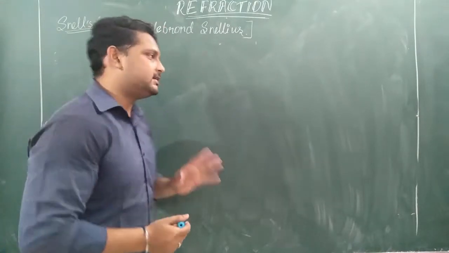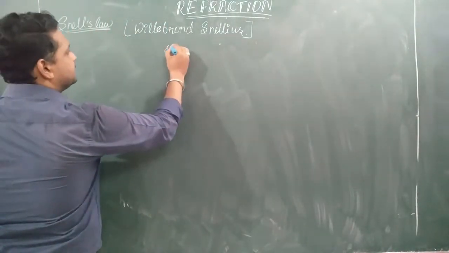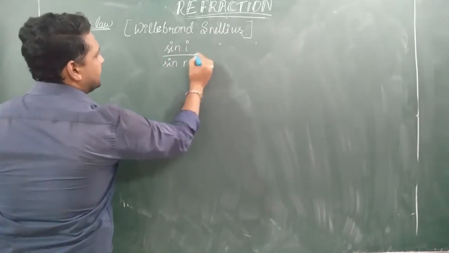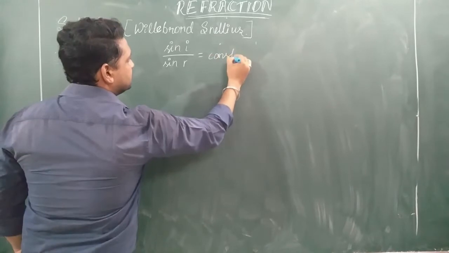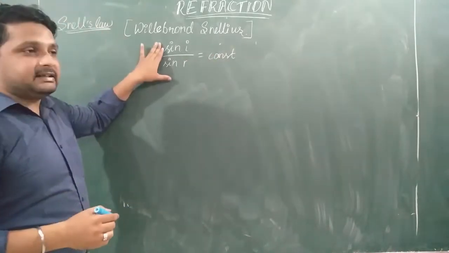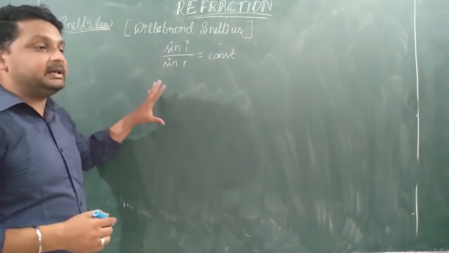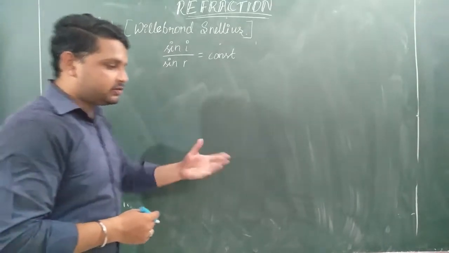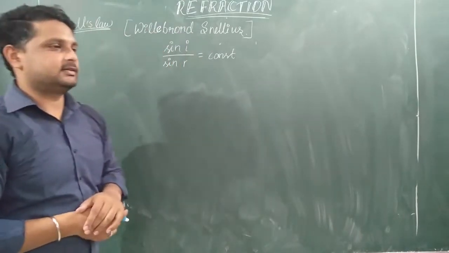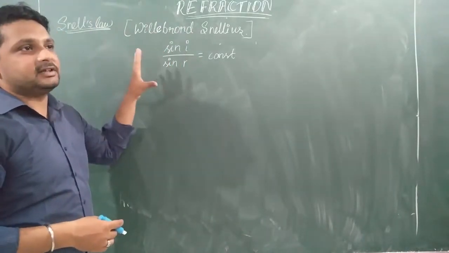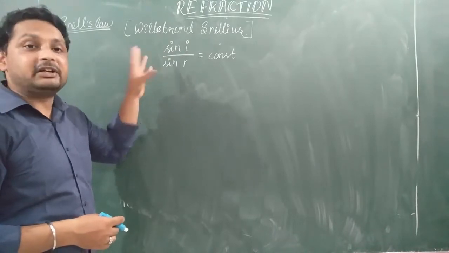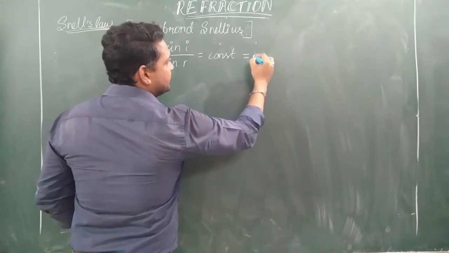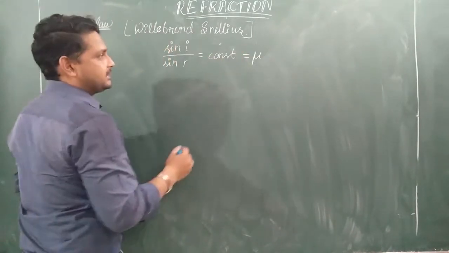What the law says is that in refraction, sine i by sine r is a constant, where sine is a mathematical function of trigonometry, which you will study in mathematics in later classes. And that constant, sine i by sine r, is called the refractive index.